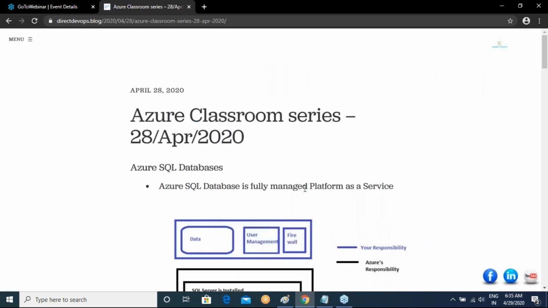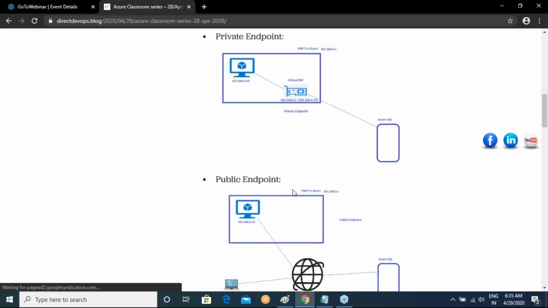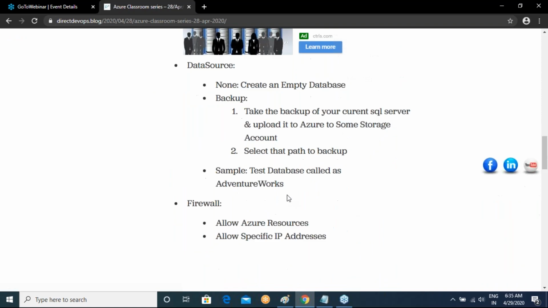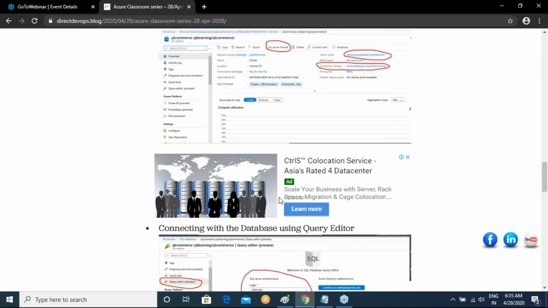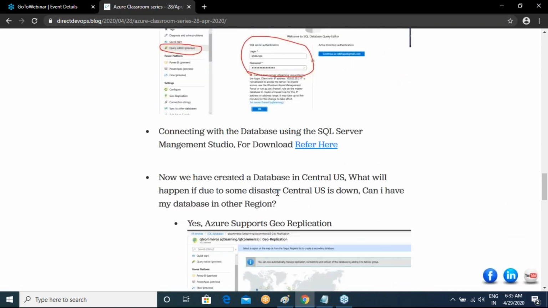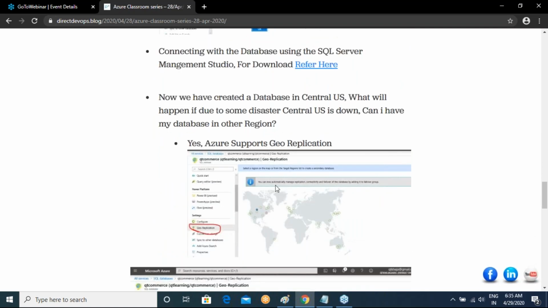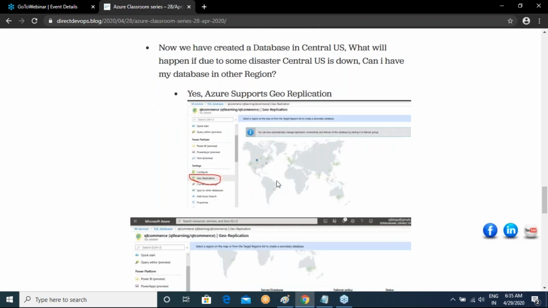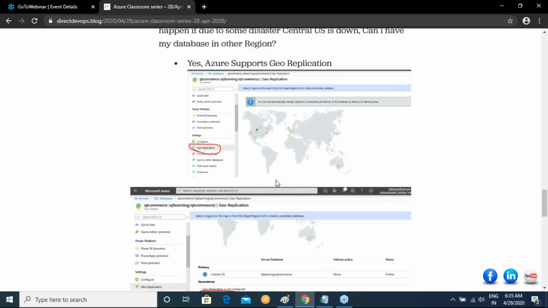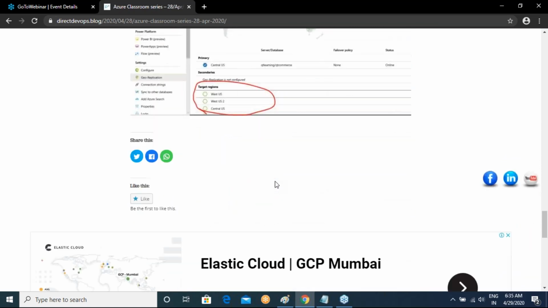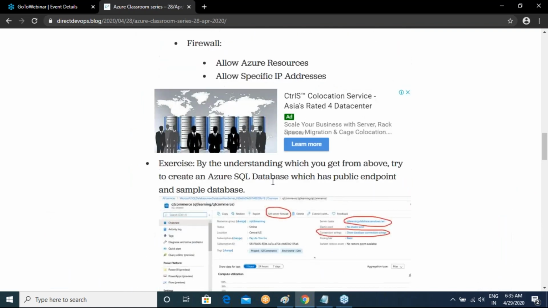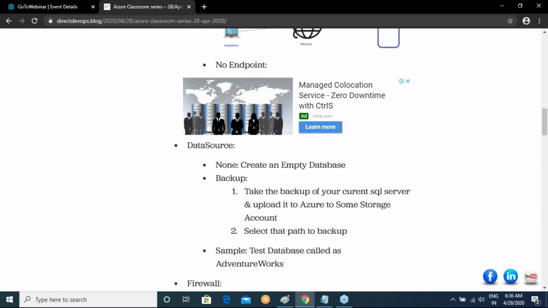We have discussed user management, and what are the different things you need to worry about whenever you're dealing with Azure SQL database. While finishing the class, I started speaking about the replications or the geo replications and all of that stuff. So we will try to continue from that point.